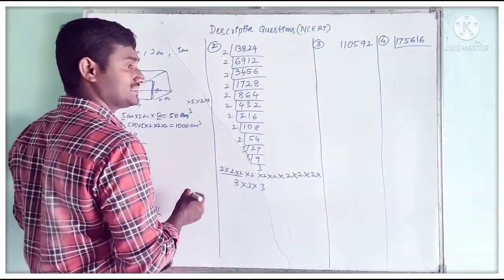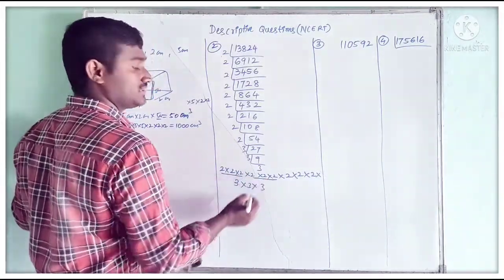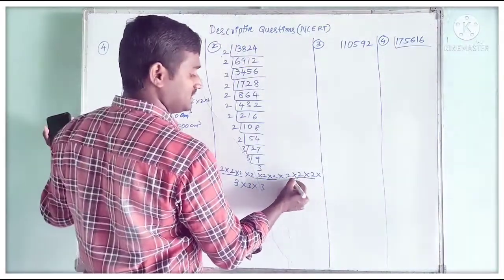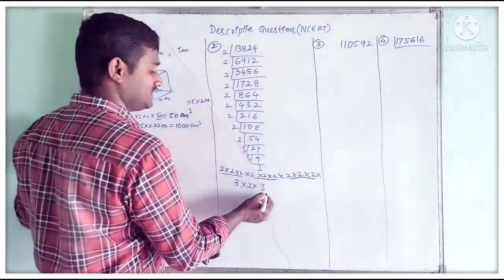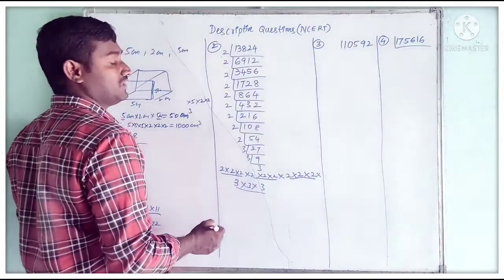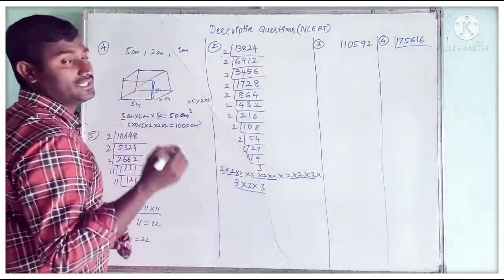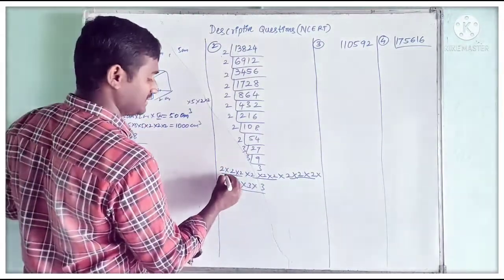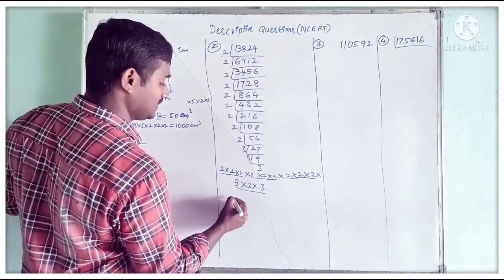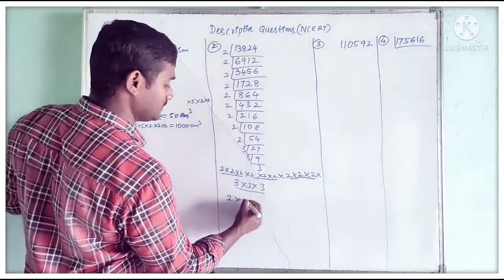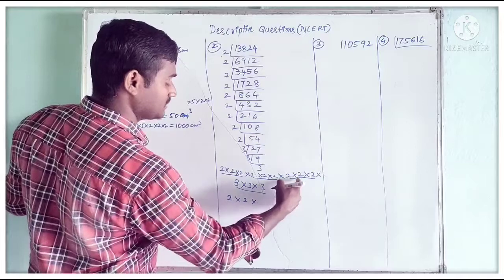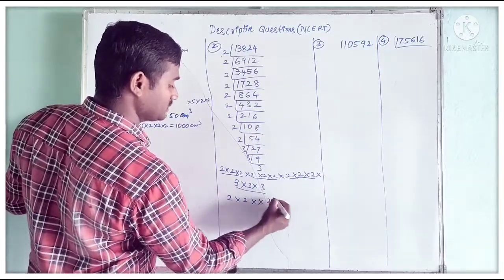These three is considered as one group. These three you can consider one group. These 3 2's you can consider one group. These 3 3's you can consider one group. So from every one group we need to take one factor: from this group 1 2, from this group 1 2, from this group 1 2, from this group 1 3.